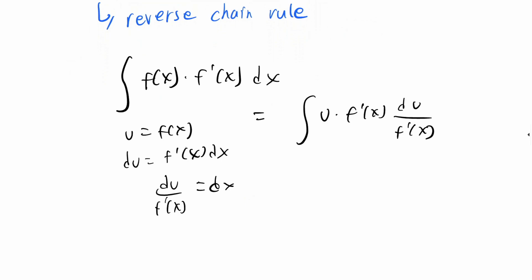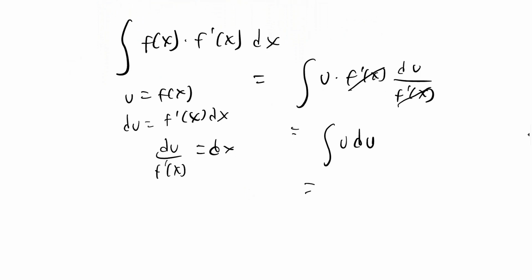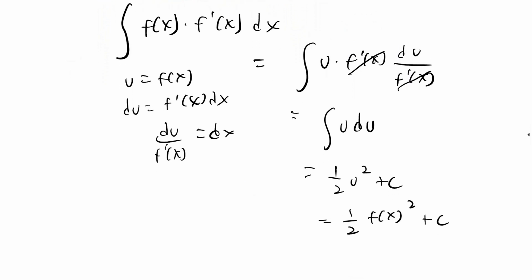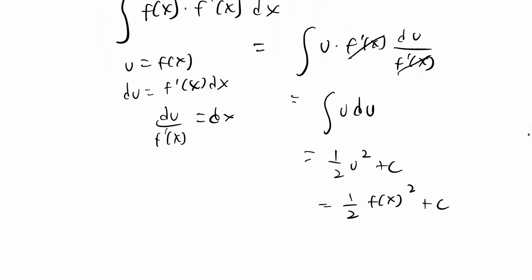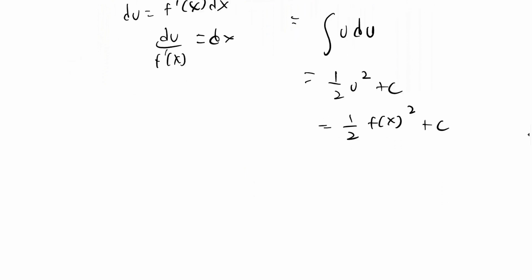Notice that when we make this substitution, we can completely erase the f prime of x's, and it becomes a simple integral that we can solve using the basic integration formulas and rules of integration. Then we substitute f of x back in for u. So this is the idea of integration by u substitution. This is exactly what you're doing. So this is a quick little derivation.